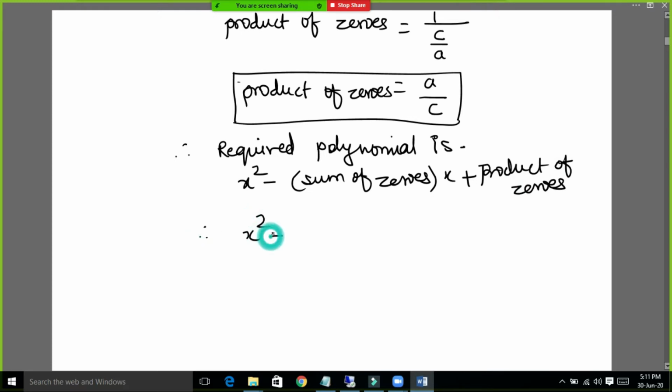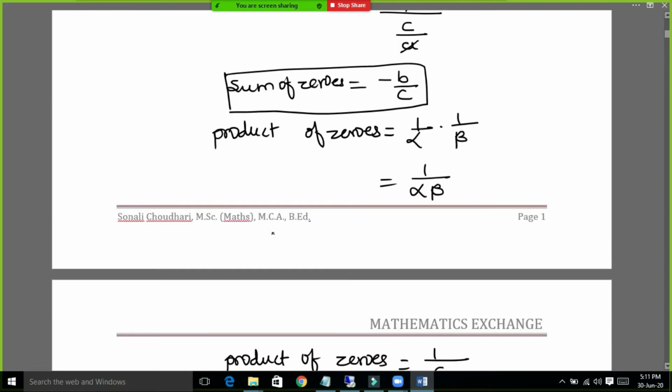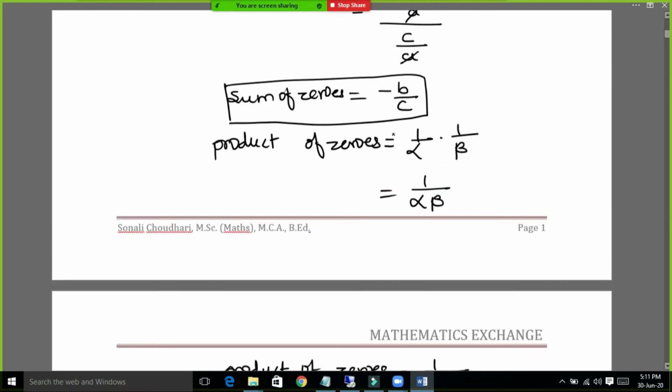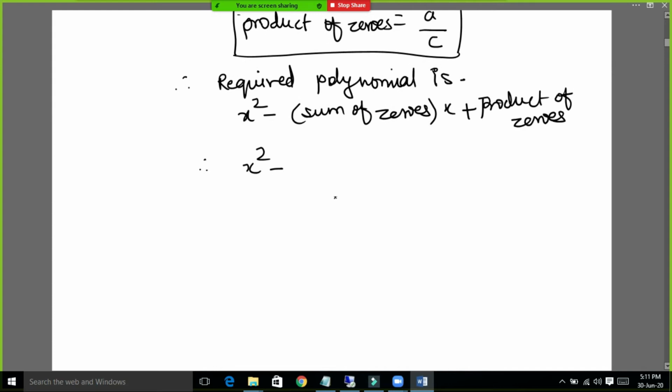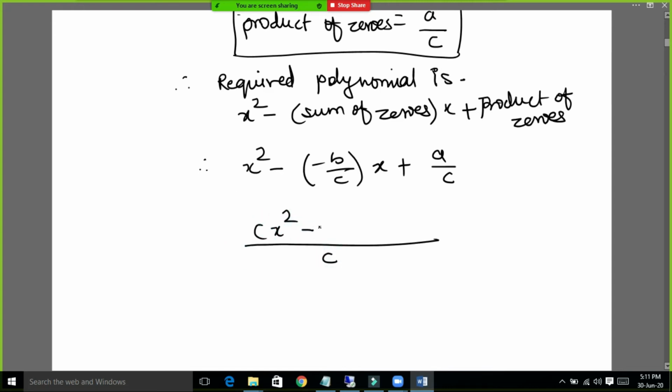Therefore x square minus, now the sum of zeros is minus b by c, so substitute minus b by c into x plus the product of zeros, a by c. Now cross multiply it or take the LCM of the denominator. So c is the LCM of the denominator, so cx square, and this minus minus becomes plus, so plus bx plus a.